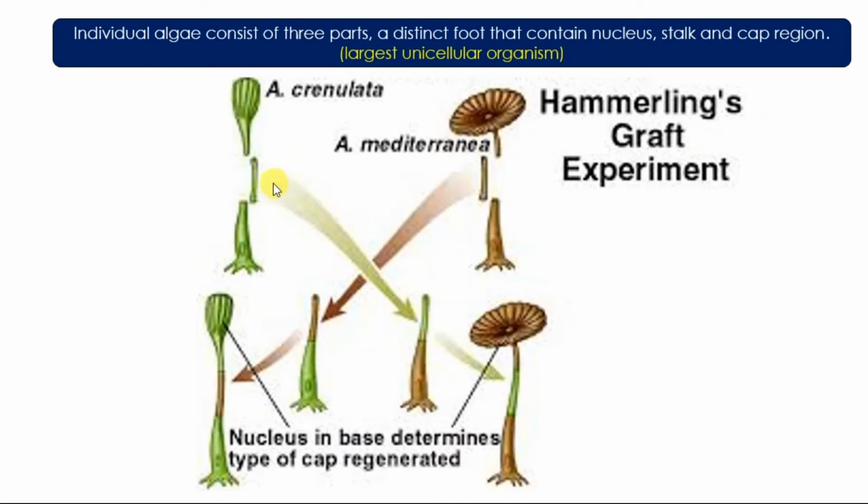From here, he grafted different parts. That's why it is called the Hammerling grafting experiment. He grafted this part, transferring it to the foot region of the Mediterranean species. So as you can see, by grafting different parts, for example, this cap was removed and then was replaced.